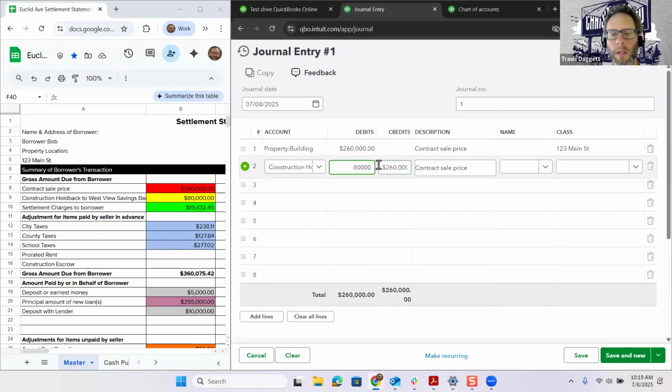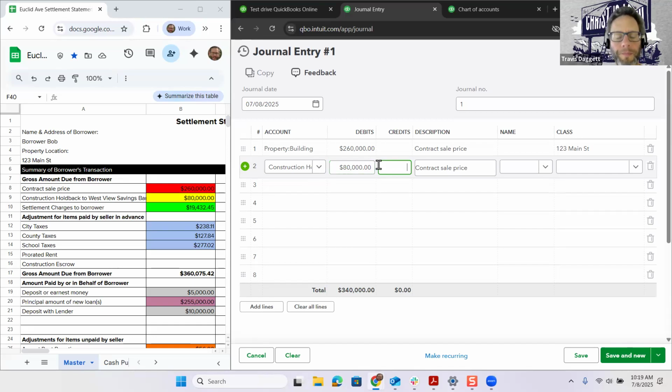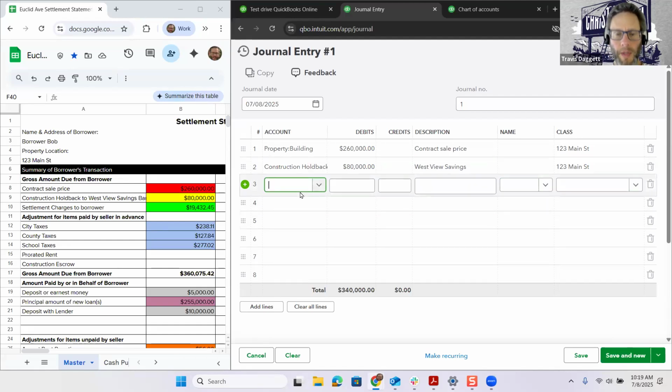Other current assets have a normal debit balance. Okay, and this is directly associated with the property on Main Street, so we want that.